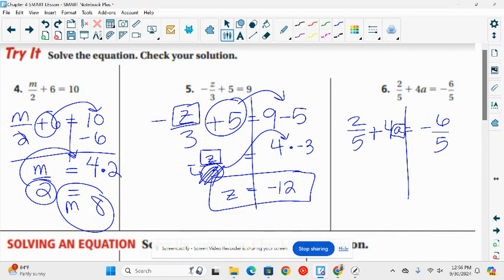So the best thing to move here is the 2/5. Now, what sign is in front of 2/5? Because we've been taking the sign in the front. Positive plus. It's positive. Okay, so when we move it over, the opposite of plus 2/5 is minus 2/5.